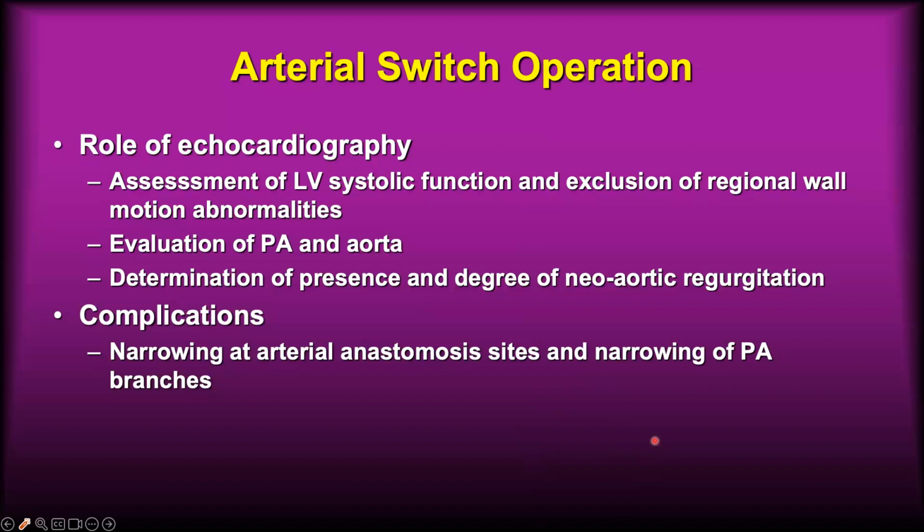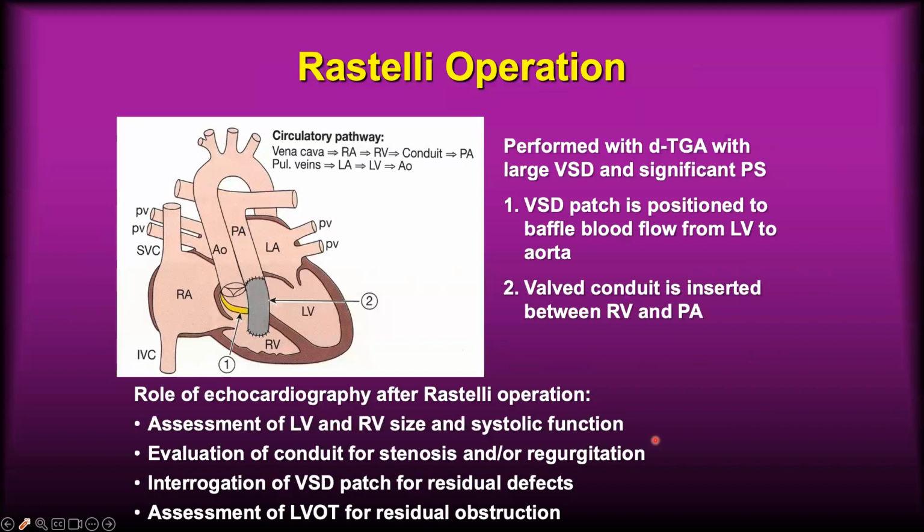All right. Now, sometimes we can do a different kind of operation, because there's some variability in the abnormality. So you see, this is transposition of the great arteries with a large VSD and significant pulmonic stenosis.